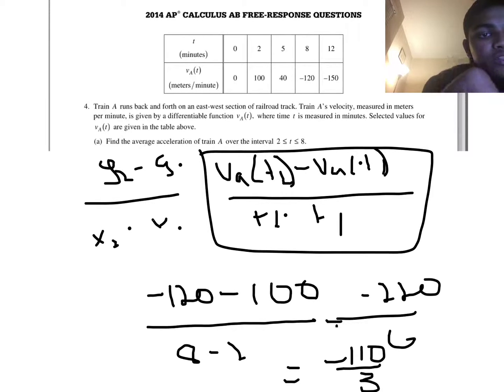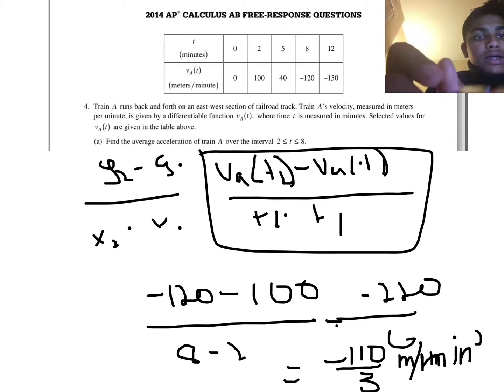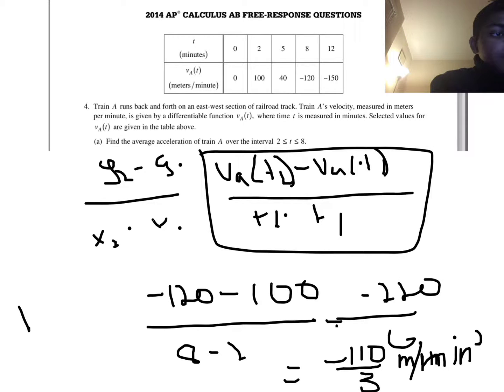And our units will be meters per minute squared, because it's basically meters per minute over minutes, so it becomes minutes squared. That's the answer to part A.